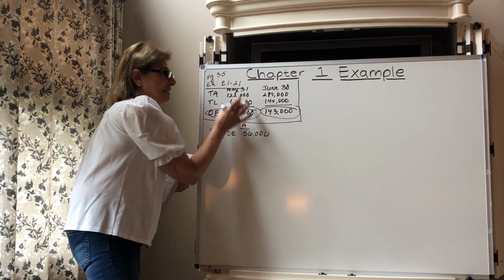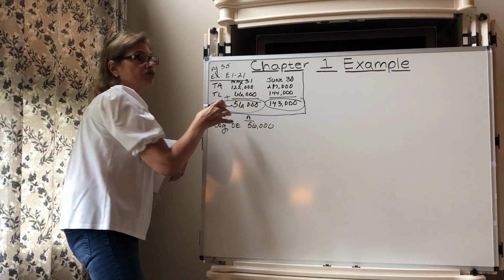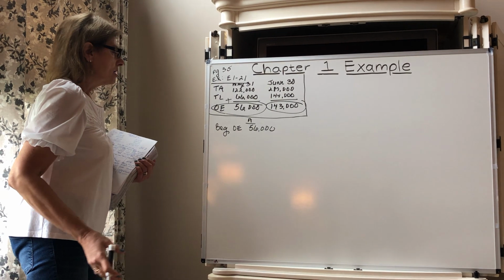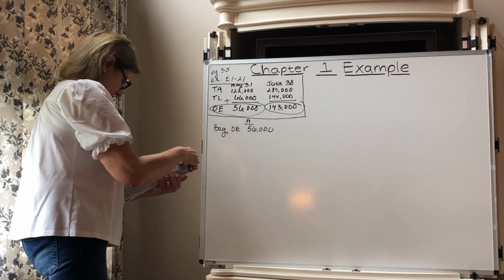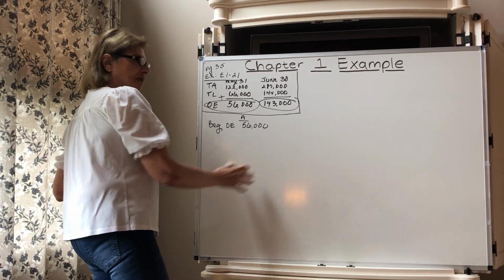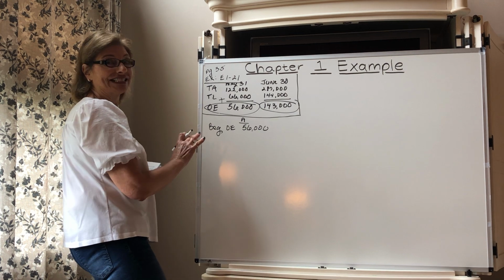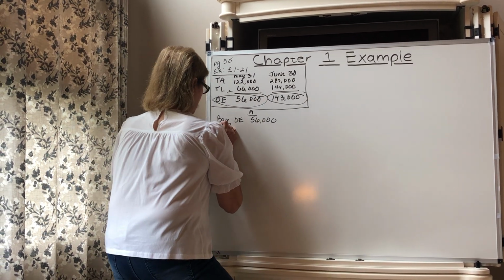We had to fit this in to make assets equal liabilities plus owner's equity, so we just subtracted. That's all we did. So we have the contributions. What did the owner contribute? 10,000. We would normally add that in, but because we're reversing the formula, we're going to subtract it.